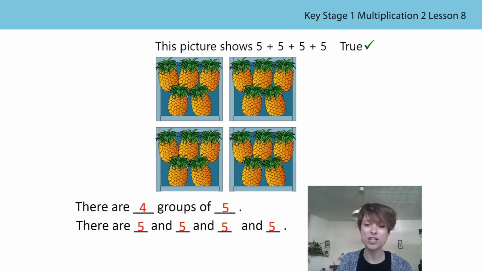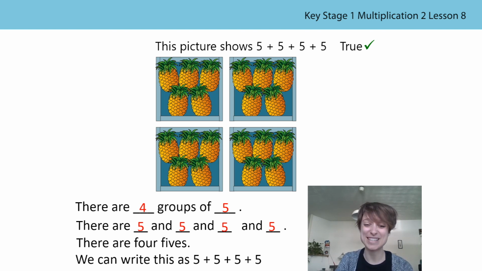So have a look at the number of 5s we've got. We can also say that there are 4 5s. Now I bet you can think of the repeated addition expression now. Let's say it together. We can write this as 5 plus 5 plus 5 plus 5. So I want to know, what does each 5 in the repeated addition expression represent?